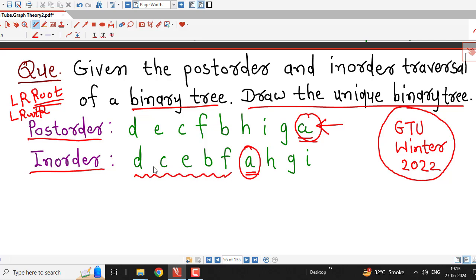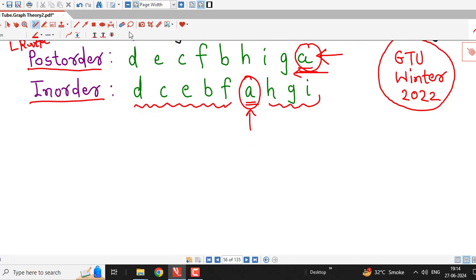This sequence of vertices will construct the left subtree of this root A, and these three vertices will form the right subtree of this root A. And in pre-order we search from left to right, but in post-order we will search from right to left. We have to remember the difference.